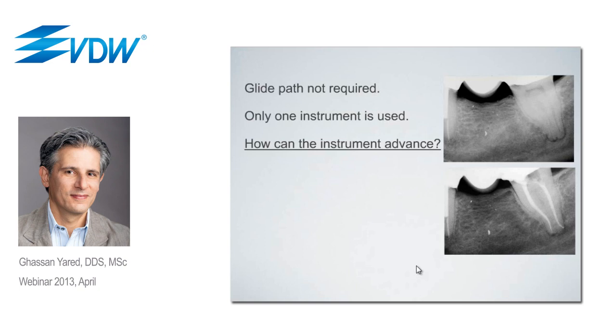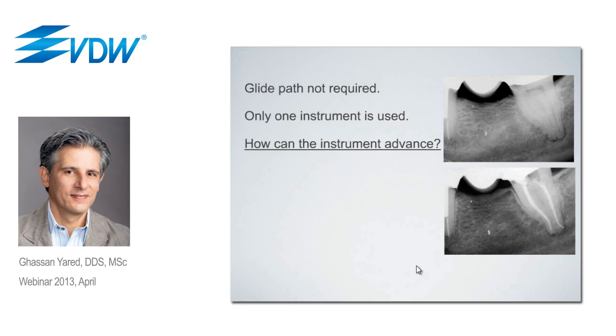By creating a glide path, we are decreasing the incidence of binding. In reciprocation, because of the angles that we use and because of the movement that we are using, binding will occur much less frequently, and even if the instrument binds, it will not fracture.